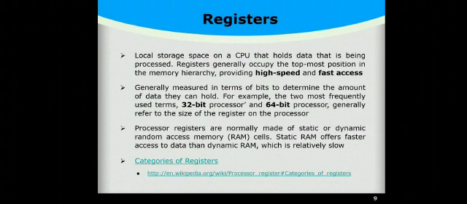They are generally measured in terms of bits to determine the amount of data they can hold. The two most frequently used terms, 32-bit processor and 64-bit processor, generally refer to the size of the register on the processor.